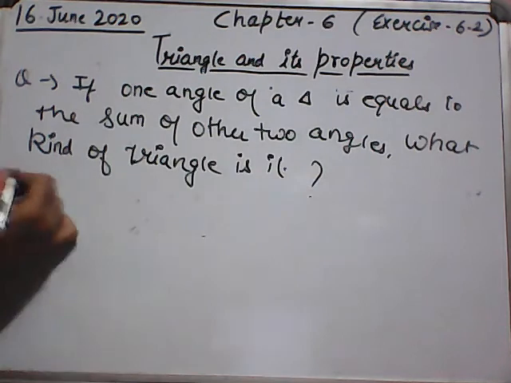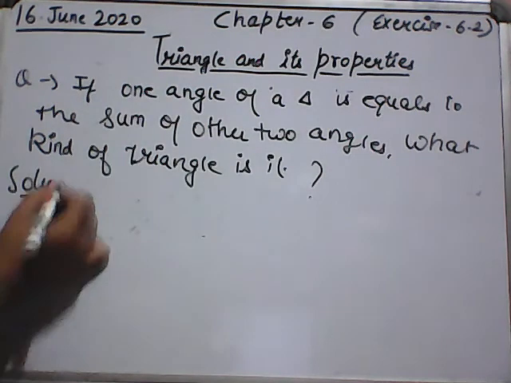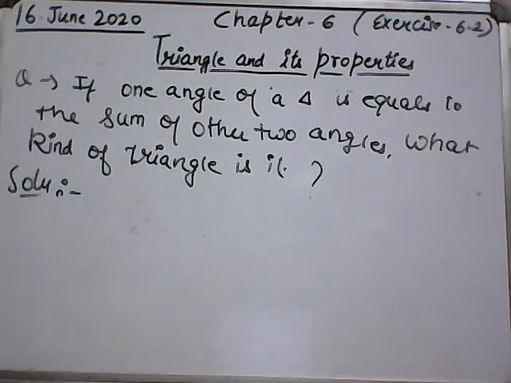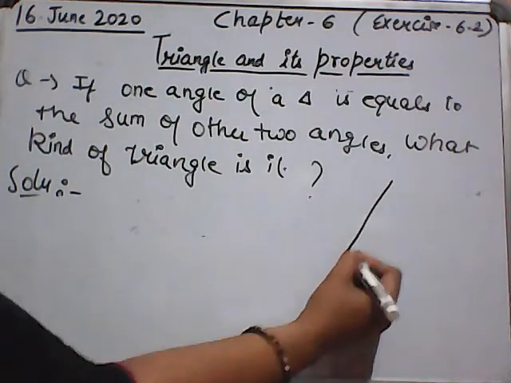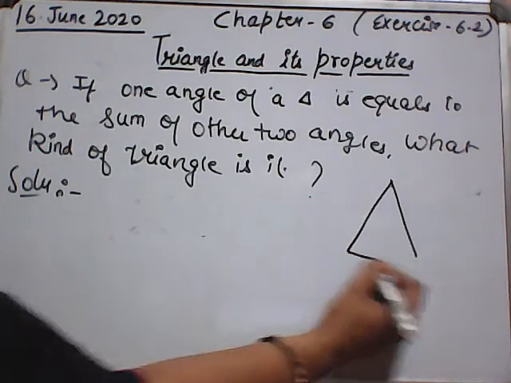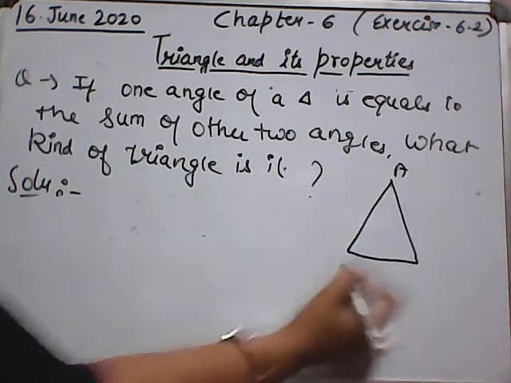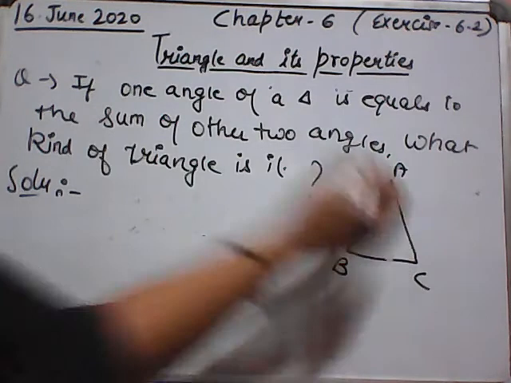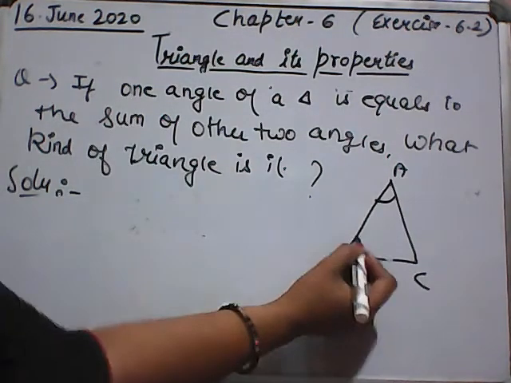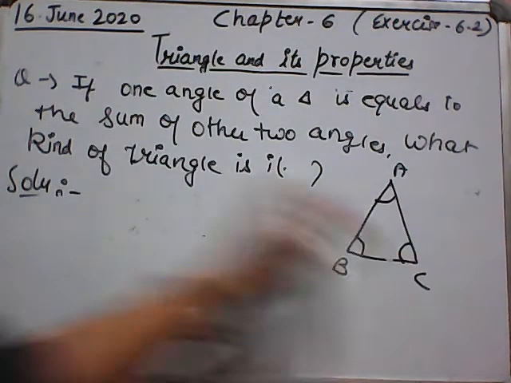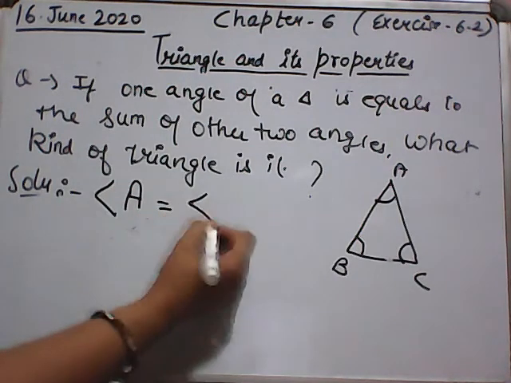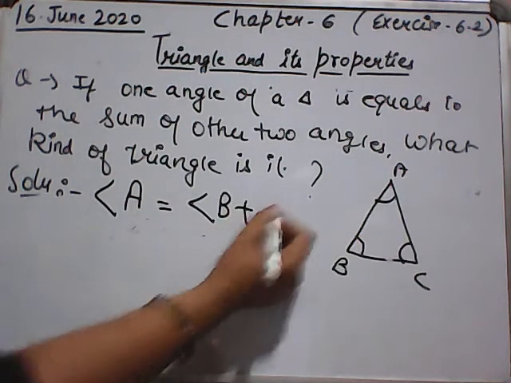In this question, we are given that one angle of a triangle is equal to the sum of the other two angles. Suppose this is a triangle ABC. Now, one angle of a triangle is equal to the sum of the other two angles.